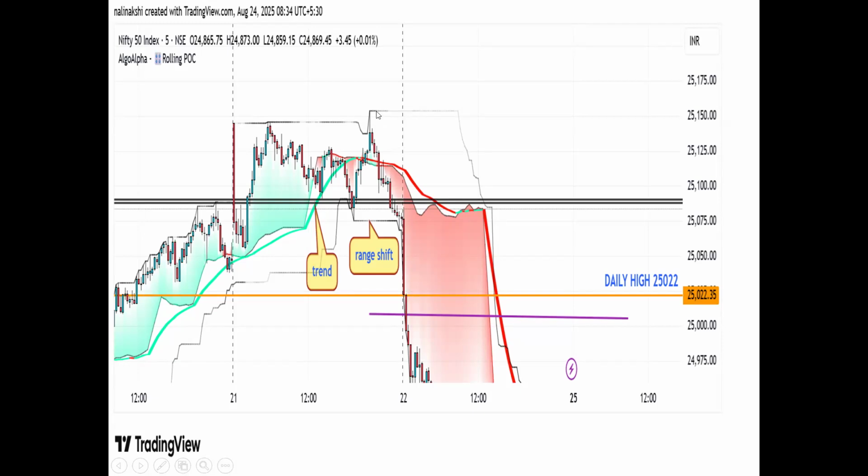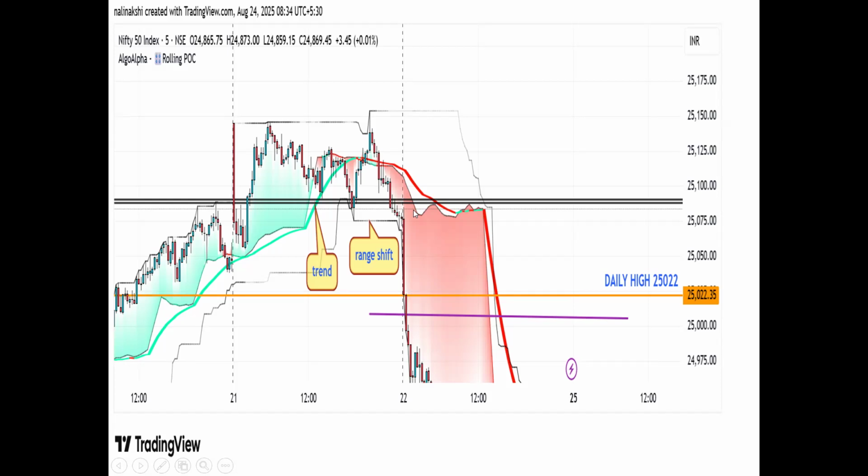Even though value area has shifted higher here, on the downside, in the same period, value area has shifted down. And here it was a clear indication, it is giving you a clear signal that price is moving down. So you can enter the trade by keeping the stop loss and you can hold the position.